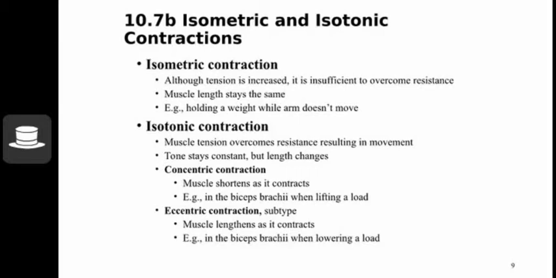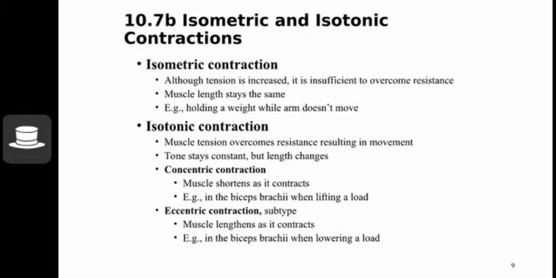As tension increases in a muscle, nothing is going to happen until there's enough tension to overcome the resistance of the work you are trying to do. So if we contract our muscles, and we can contract them very strongly, but it's insufficient to overcome the resistance, then the joints do not shorten.